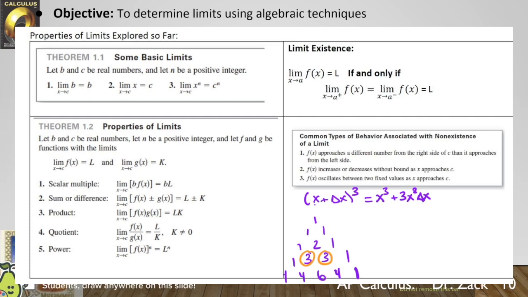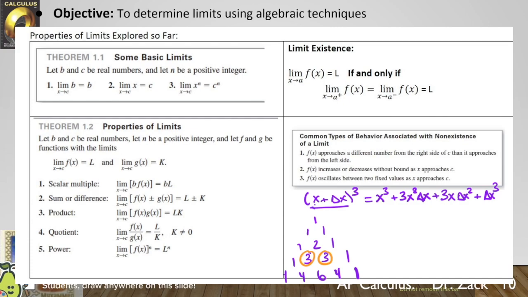The exponents should always add up to 3. Then we're going to have plus 3 x to the first power, times delta x squared, and then our last term is plus 1 delta x cubed. So you can use Pascal's triangle in order to multiply out any of your binomials, squared, cubed, to the fourth power, all sorts of good things there.